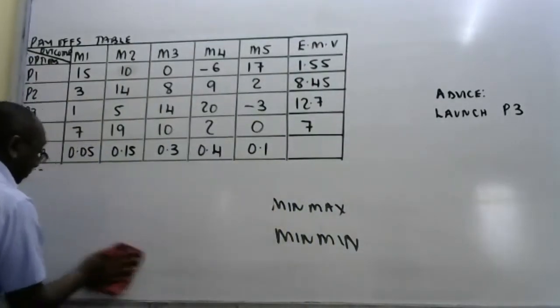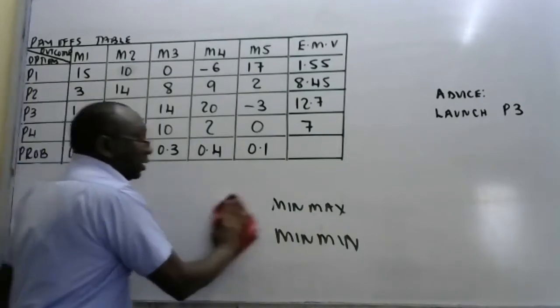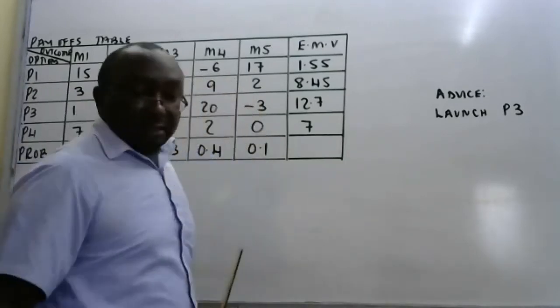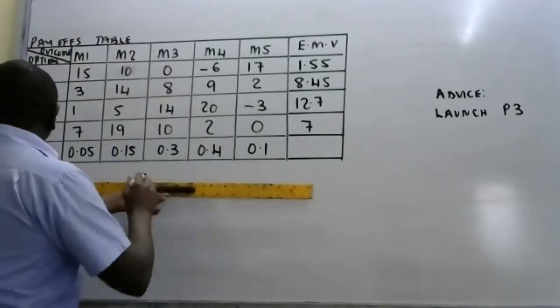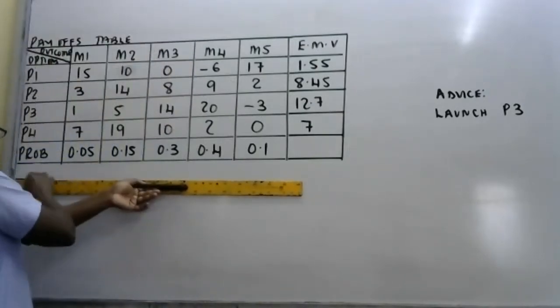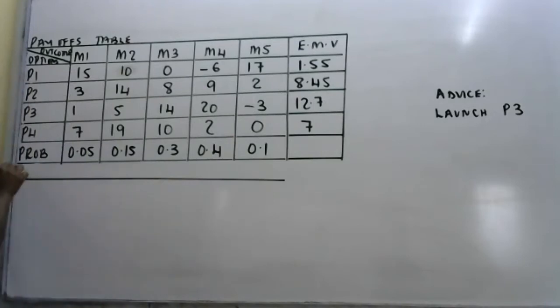The next rule is number 6. Number 6 is called Hurwicz.